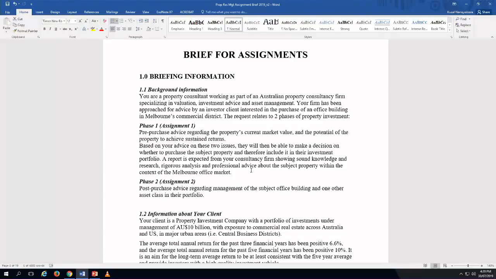Based on your advice on these 2 issues, they will then be able to make a decision on whether to purchase the subject property and therefore include it in their investment portfolio. They already have a few other properties and they want to add another property into their portfolio.